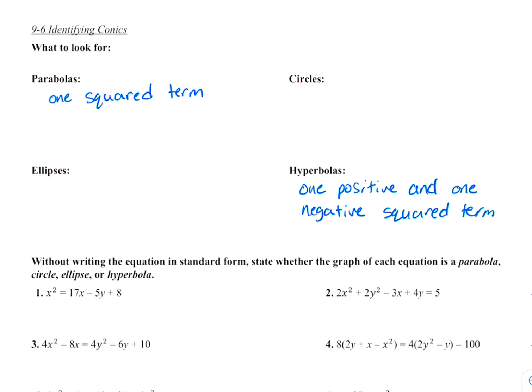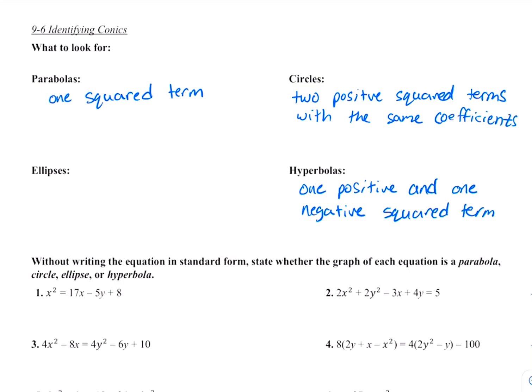To decide the difference between the two, we have to look at the coefficients, so the numbers in front of those square terms. If the coefficients are the same, then it's a circle. So these have two positive squared terms with the same coefficients.